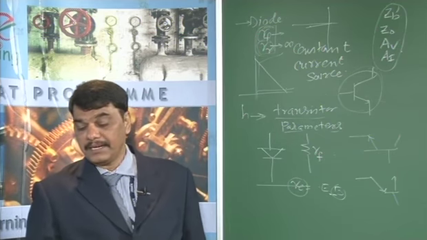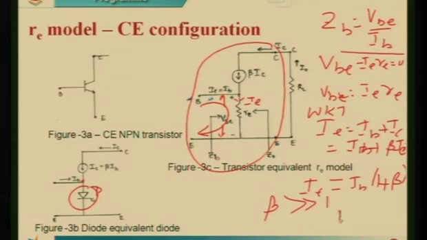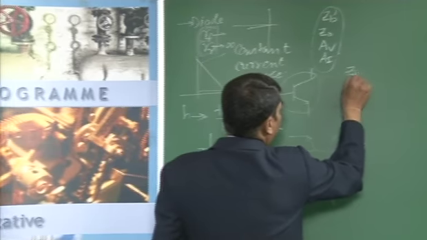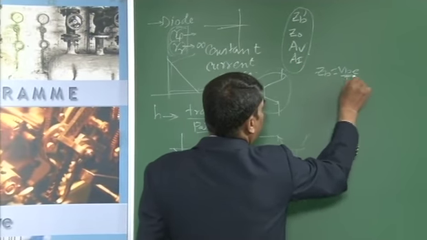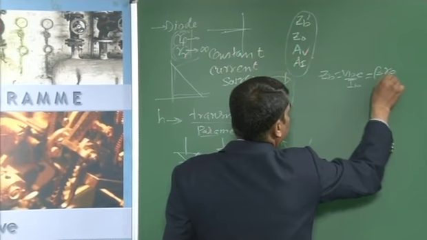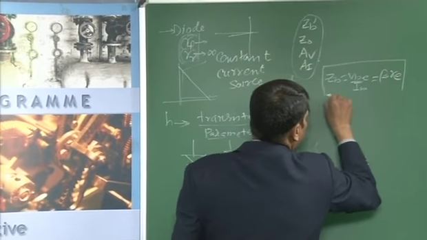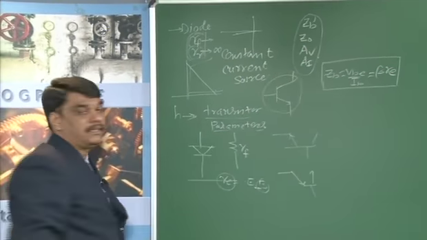Hence if beta is much greater than 1, then IE is approximately equal to beta times IB. Substituting in equation 1, we get ZB equal to VBE by IB, which equals beta times re. This is one of the important equations we need to remember to solve the numericals.